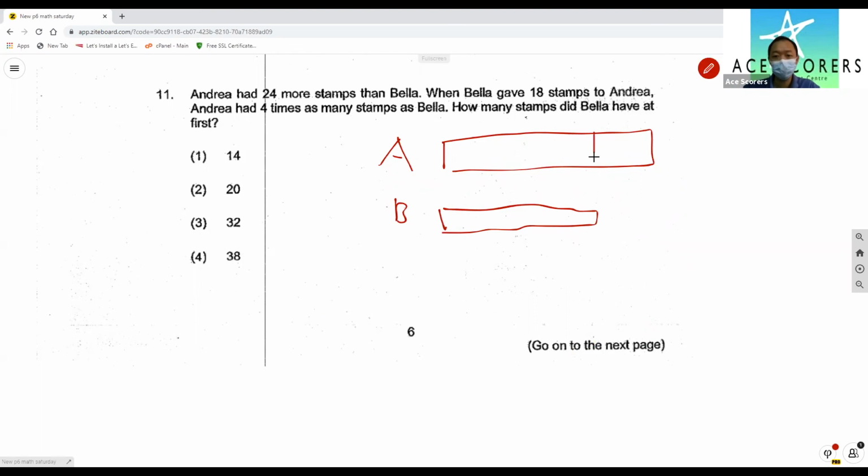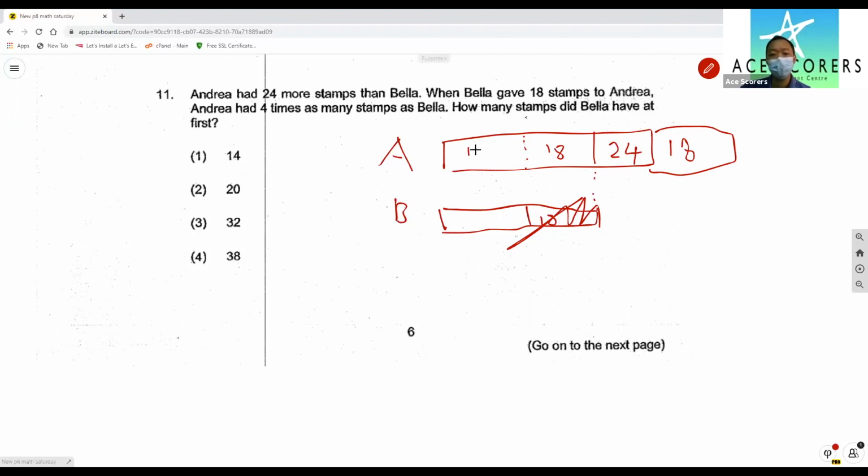Okay. A is 34 more than B. So here, right? A is 34 more than B. Yeah. When B gave 18 to A had 4 times. So here I chop off 18. Right, extend here by 18. And then here's additional 18. Right, so this one gone. A have 4 times.